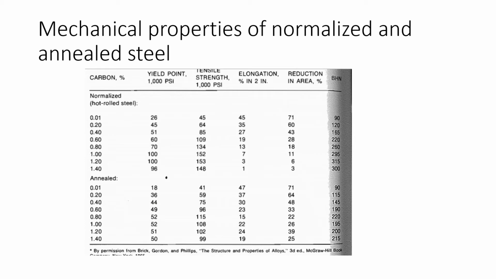In this figure, the mechanical properties of normalized and annealed steel are mentioned. In the first column, carbon percentage composition is mentioned. Yield point is mentioned in the second column. The tensile strength, elongation of that particular material, reduction in area and Brinell hardness test are given in this table.